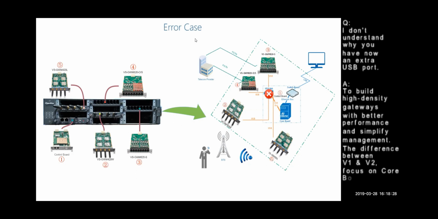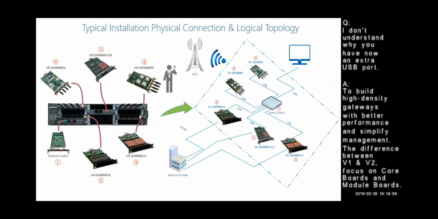About why we add a USB bus. It's about performance and high density. In our generation 1, the hardware is based on the ARM architecture and is kind of weak, and it cannot handle more concurrent calls.